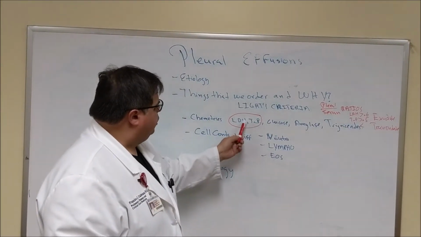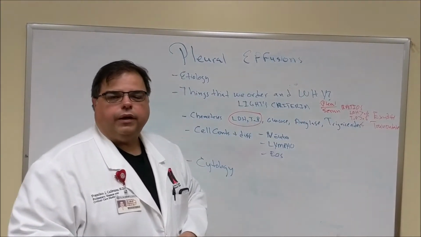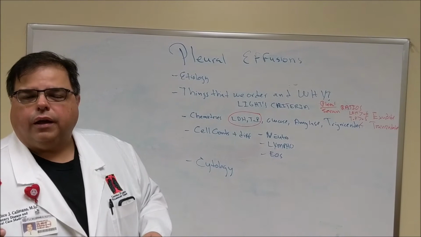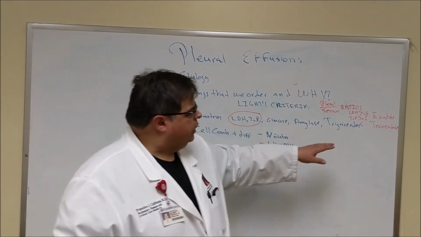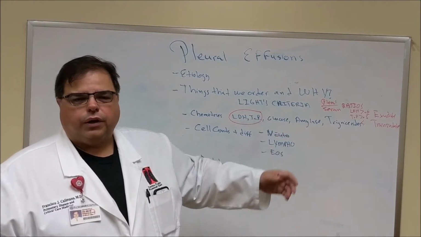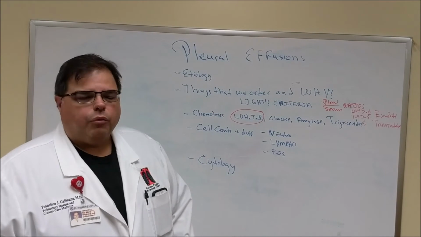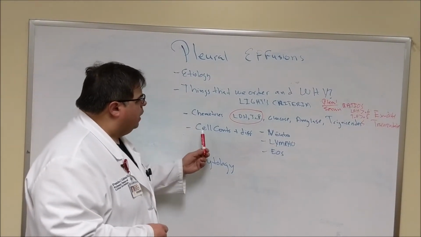Those are the first things we look at, the LDH and total protein, so we can do the ratios and answer the question they're going to ask you: is this a transudate or an exudate? A transudate you usually treat medically, and you try to find the etiology. If it's cardiac, you try to treat the heart. Exudative, as I said, you have to find more complex etiologies.